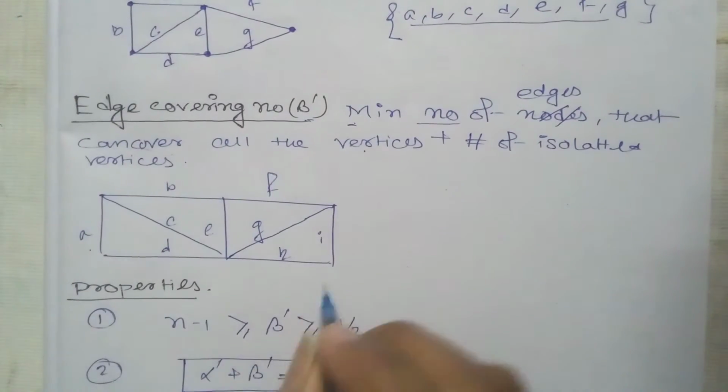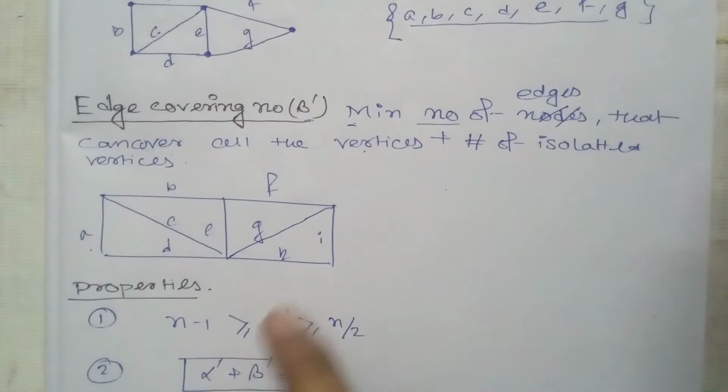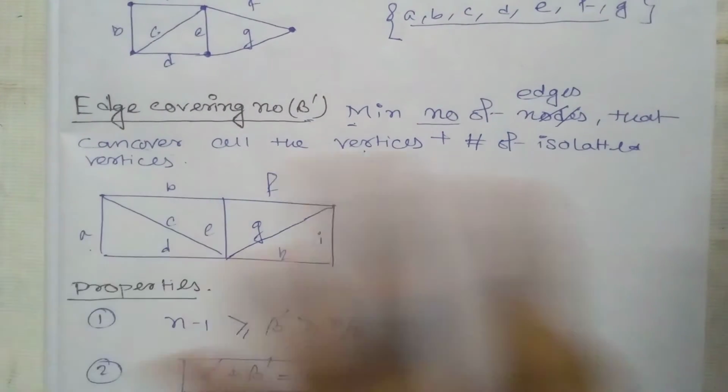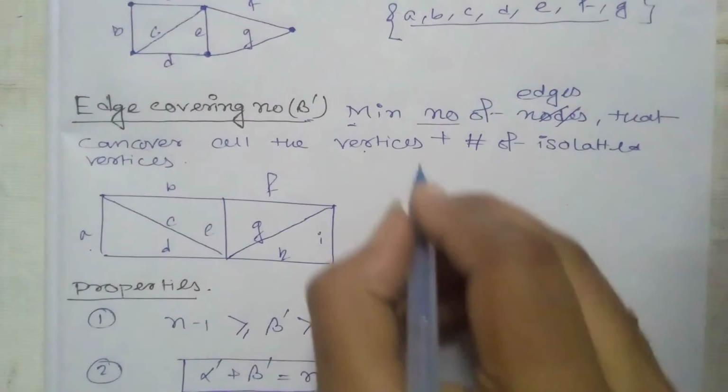In this graph no isolated vertex exists, so we are not bothering about isolated vertices. So let's find some edge coverings of it.